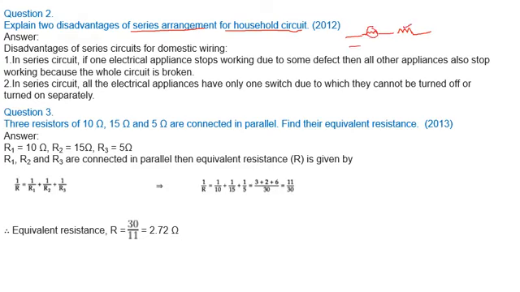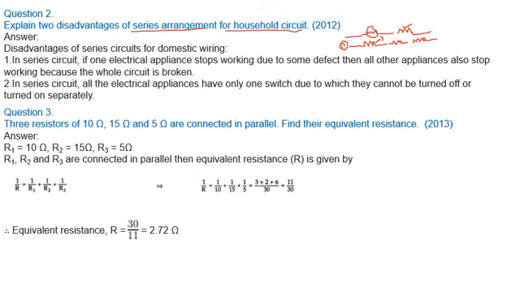Other thing, if my first appliance is near to the power point, my first appliance will get the maximum electricity, whereas the next will get less electricity, and if another appliance is also attached, it will again get less as compared to the second one, and it goes on and on.